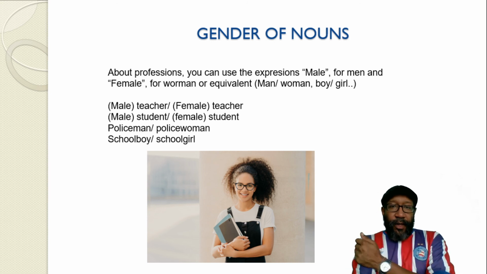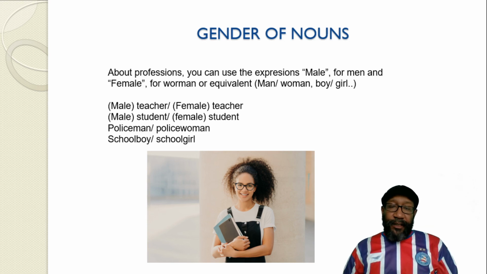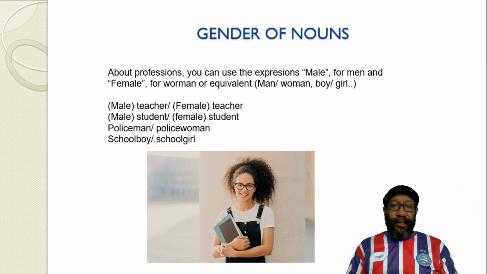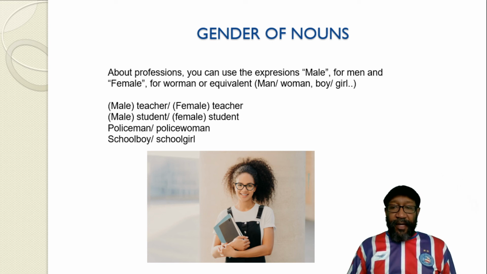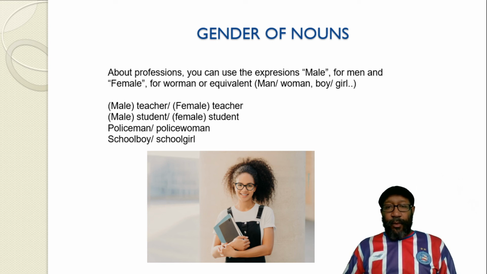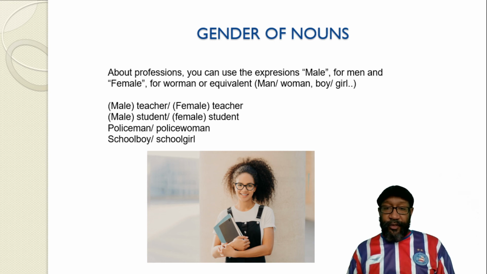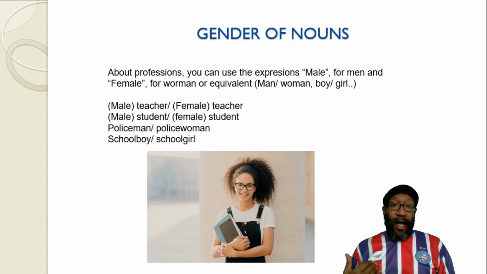So you have the noun teacher. Male teacher is the teacher who is a man, and female teacher is the teacher who is a woman, right? Male student, female student, the same. For example, in the picture, I think you see a female student, right?